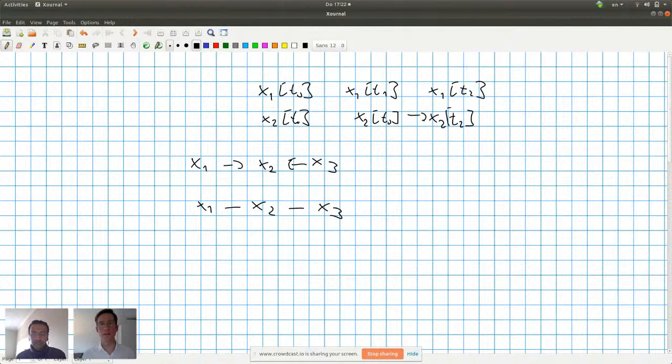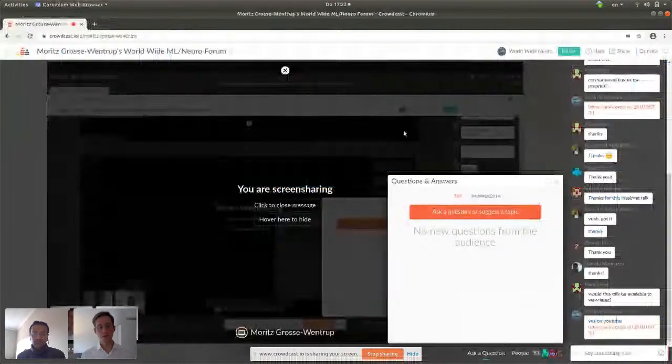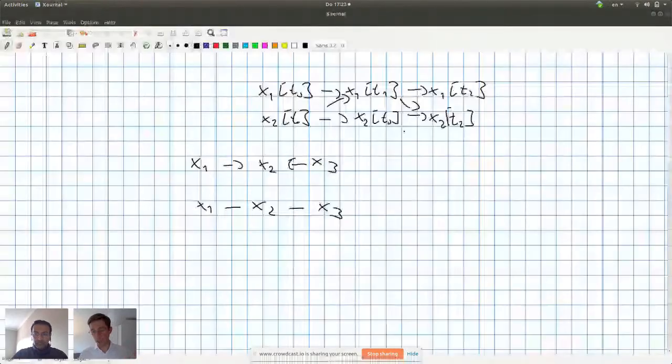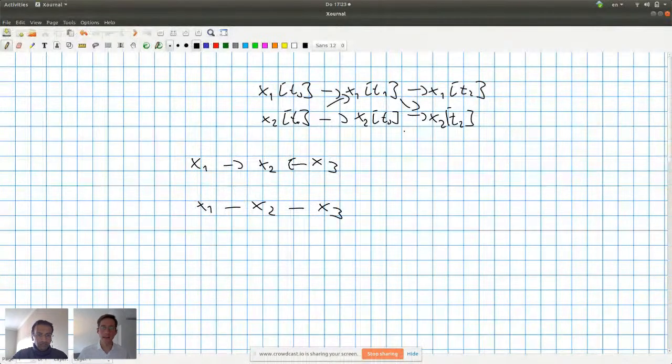And then you do get some directed acyclic graph from that. So in principle, you can apply this framework to dynamical systems, but you blow up the number of variables, making inference very hard and maybe even impossible.